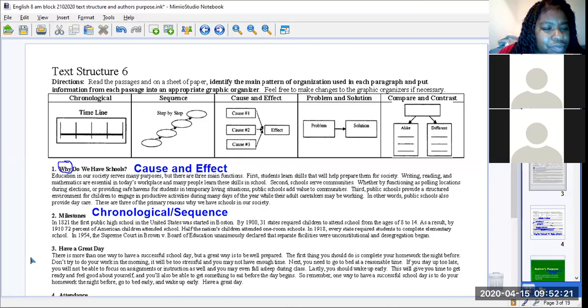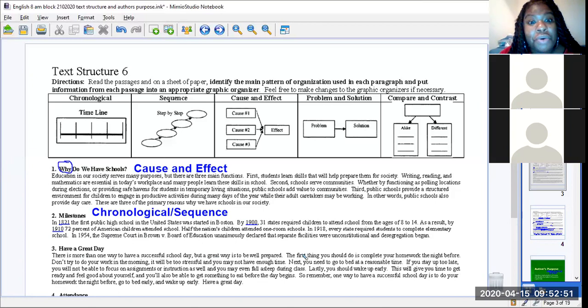All right. So I'm going to underline here, and I hope everybody can see this. In 1821, the first public high school in the United States was started in Boston. And as you can see, by 1900, 31 states required children to attend schools. Okay, and then it says by 1910. So as you can see, I am underlining all of the dates.